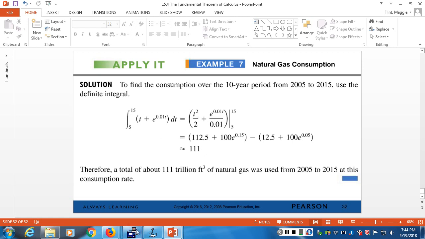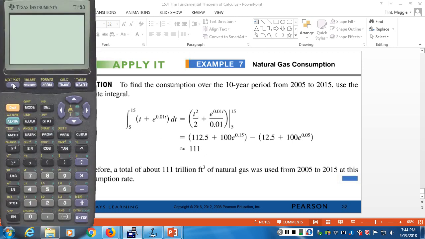And this one would, again, be one that's easy to verify on your calculator. You go to your function, x plus e to the power of 0.01 x. We have to use x's instead of t's. And we need to graph it.